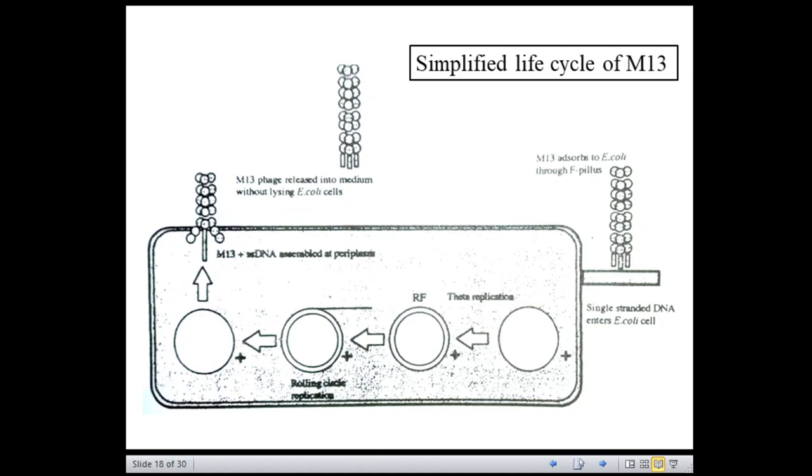If we just look at the life cycle of the bacteriophage M13, or the pBluescript, that is a phagemid, they infect E. coli harboring the male specific structure called the F pilus.